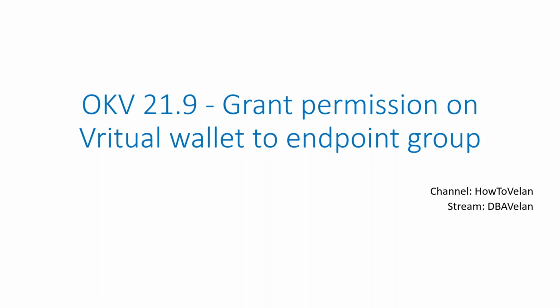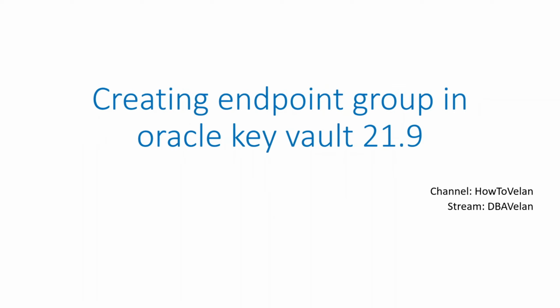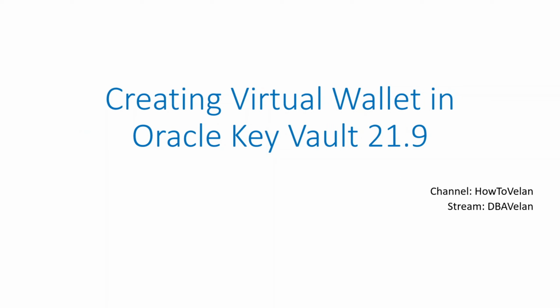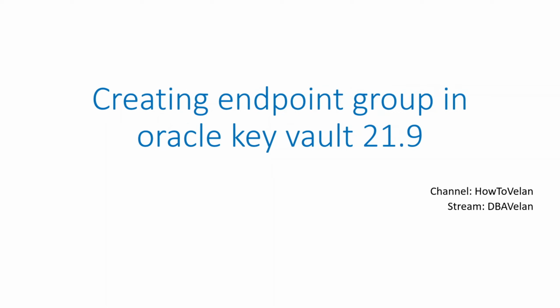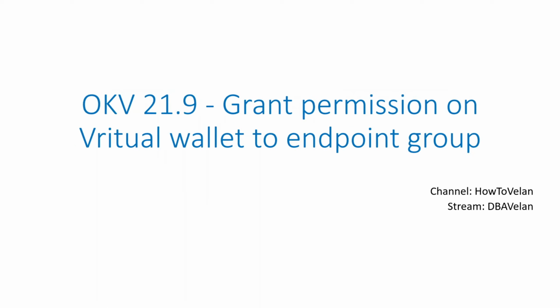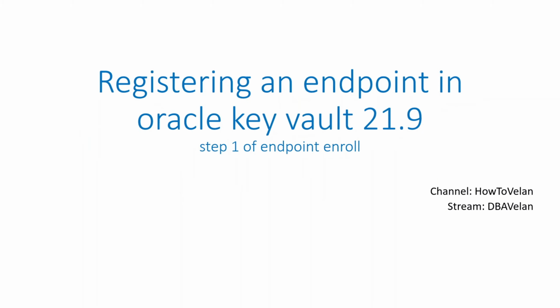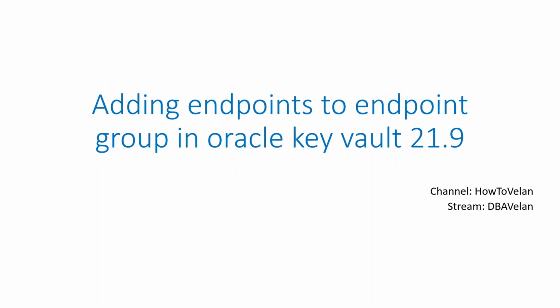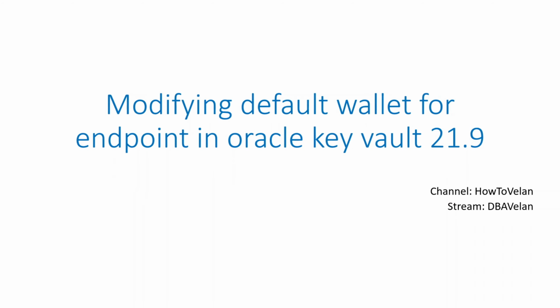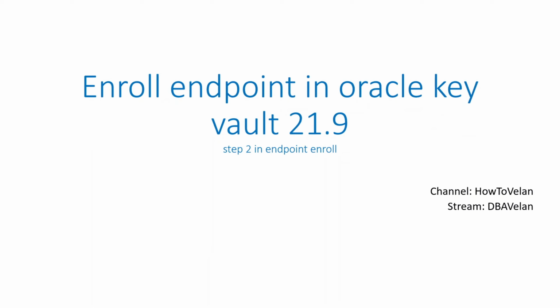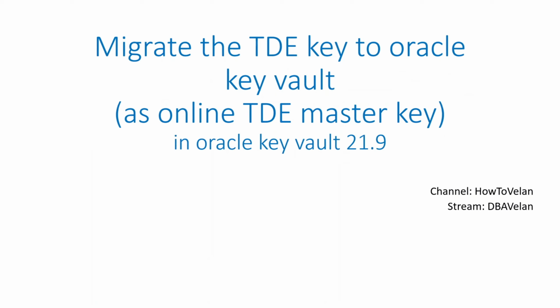Second is creating an endpoint group in Oracle Key Vault 21.9, and then granting permission on the virtual wallet to the endpoint group, registering an endpoint in Oracle Key Vault 21.9, adding endpoints to the endpoint group, modifying the default wallet for the endpoint, enrolling the endpoint in Oracle Key Vault 21.9, and then migrating the TDE keys to Oracle Key Vault as an online TDE master key. That's it. These are the various chapters.